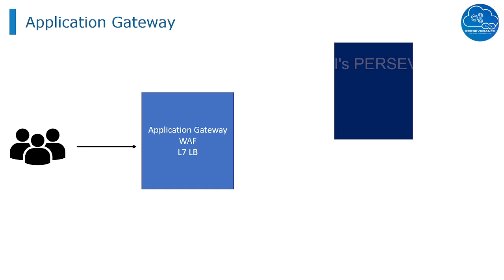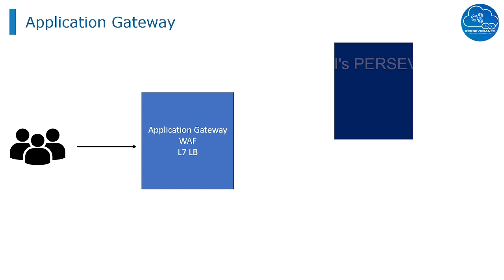It's all about decision making. L7 is a completely intelligent load balancer, which is pretty costly compared with L4, because it takes multiple decisions. Accordingly, it will route the traffic to the targeted machines or pool.